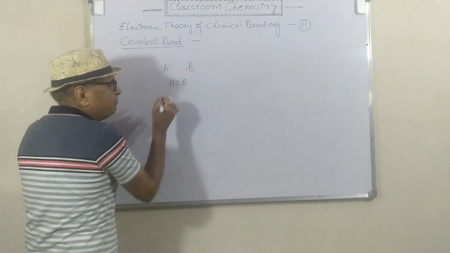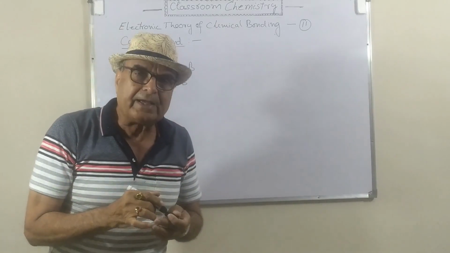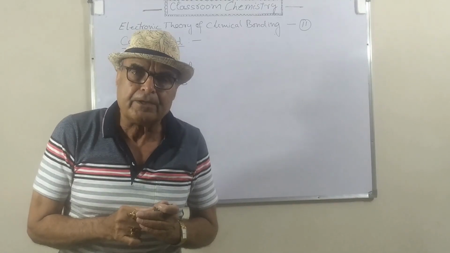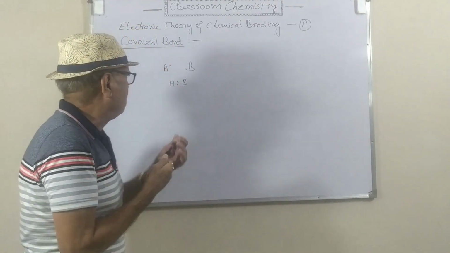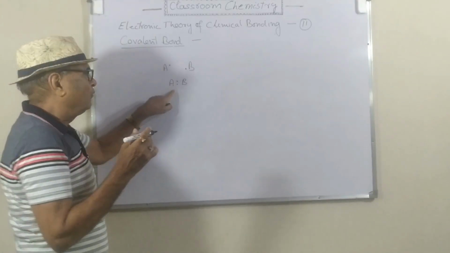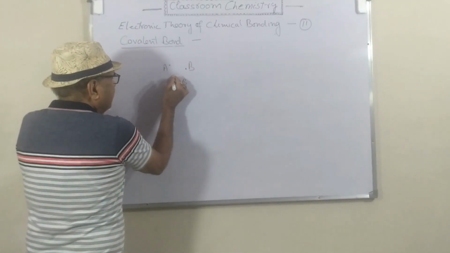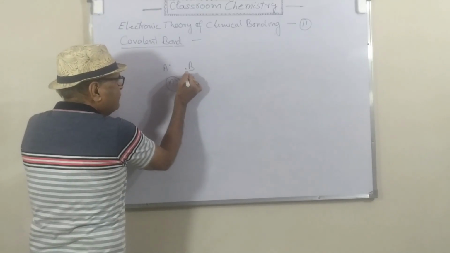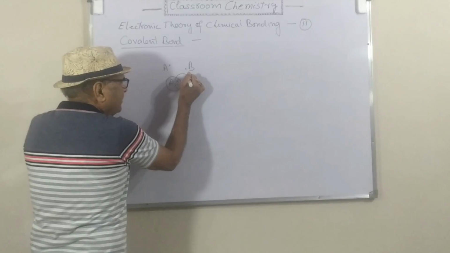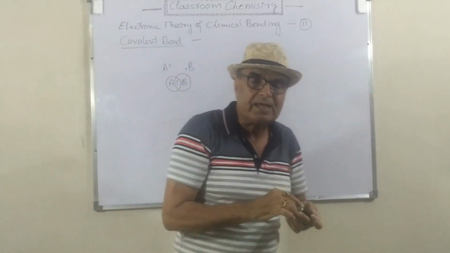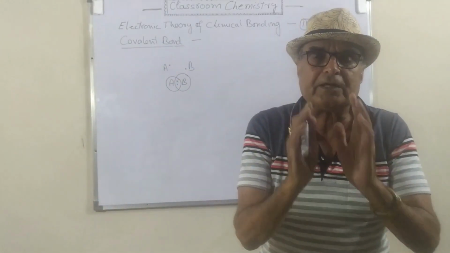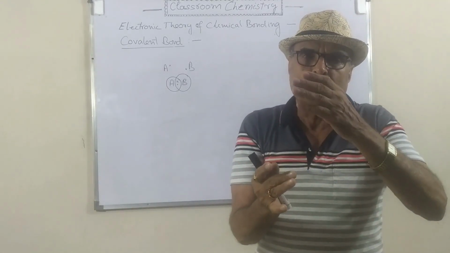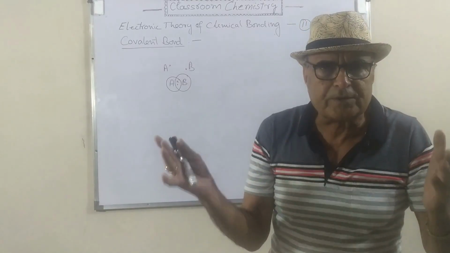This electron pair is called the bonded electron pair, and the counting of this electron pair will be done in favor of A as well as in favor of B. In other words, this bonded pair of electrons will be counted on both sides, towards A and towards B.